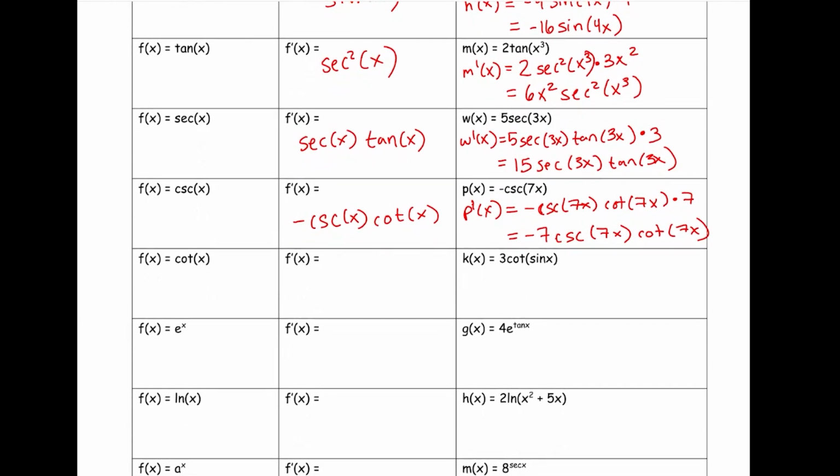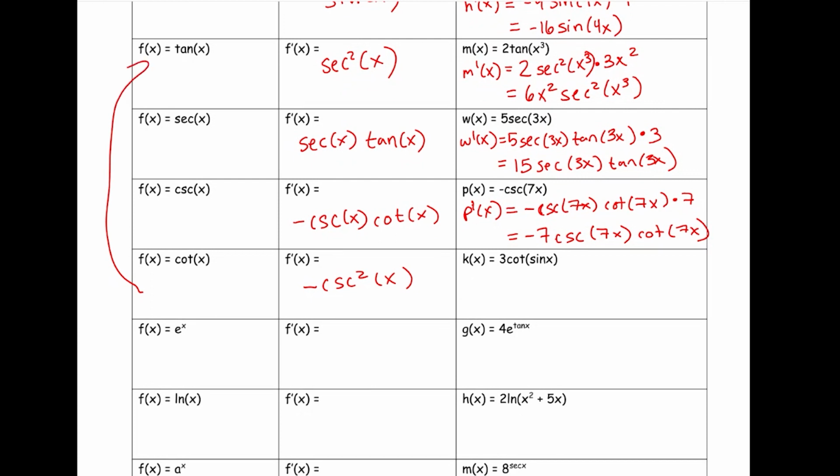The derivative of cotangent is the opposite of cosecant squared x. This is kind of similar to tangent. Look how those are set up. And for the derivative of 3 times cotangent of sine x, we're going to have to use chain rule, just like on most of these.